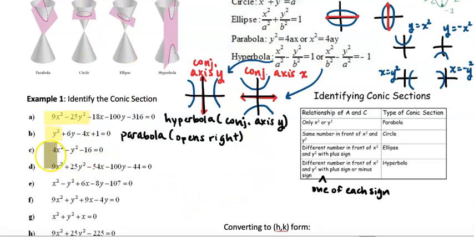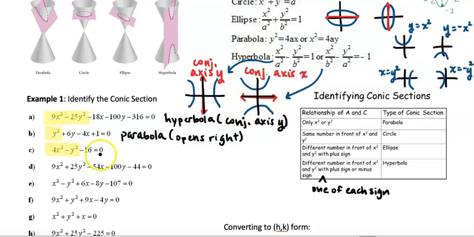C. 4x squared minus y squared minus 16 is equal to 0. So I'm looking at this 4x squared minus y squared. I see we've got different signs, so we've got one positive and one negative sign. And that's going to tell me that this is a hyperbola. Now, is it a hyperbola with a conjugate axis of y or a conjugate axis of x?